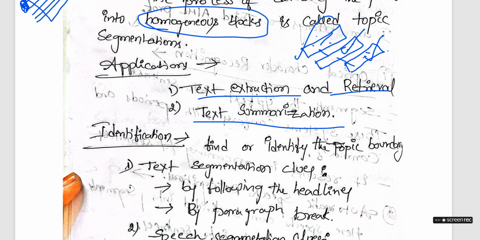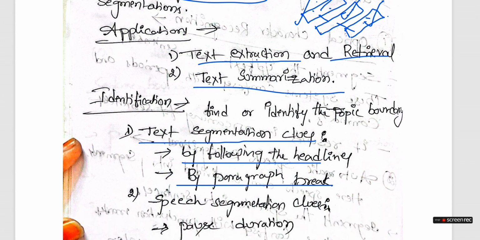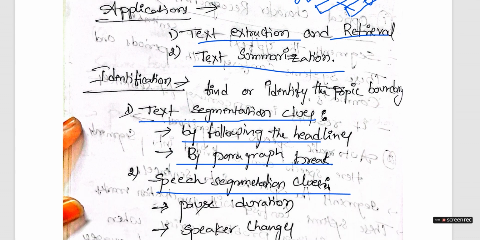So how will we identify the topic exactly? Identify the boundary by segmenting using text clues. What kind of clues? By following the headlines or by using the paragraph breaks. Then the second one is speech segmentation clues.